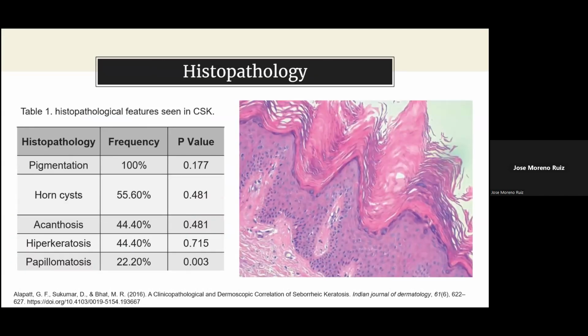On histopathology, the patient showed pigmentation, acanthosis, hyperkeratosis, and papillomatosis. The only thing that wasn't there in our biopsy was horns.